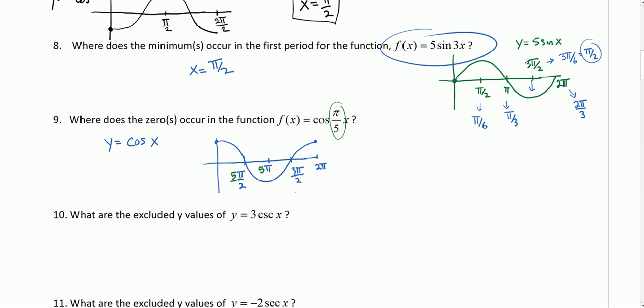Here we end up with 15 pi over 2. And here, multiplied by 5, you end up with 10 pi. So within the first period of that function, the zeros, where we cross the x-axis, happen at 5 pi over 2 and 15 pi over 2.